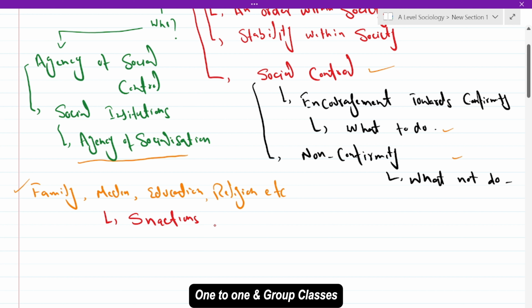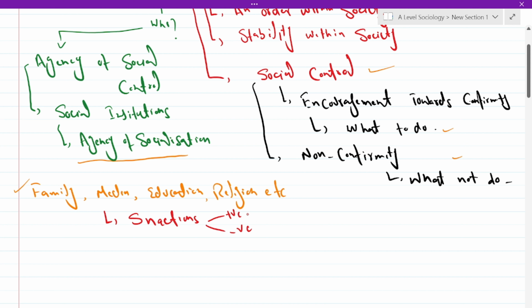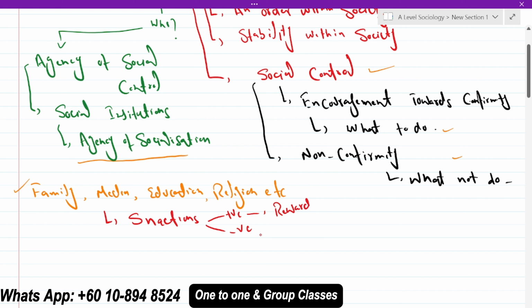What does it mean, sanctions? Sanctions can be positive, sanctions can be negative. Positive means reward, and negative means punishment. Or you can say positive sanction or negative sanction.